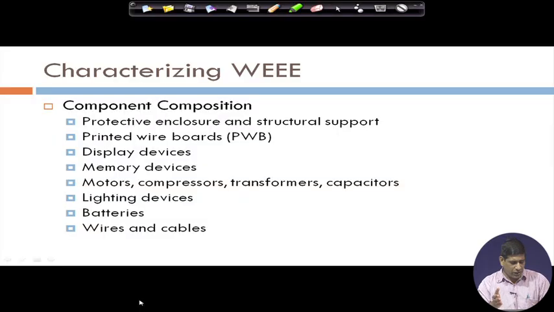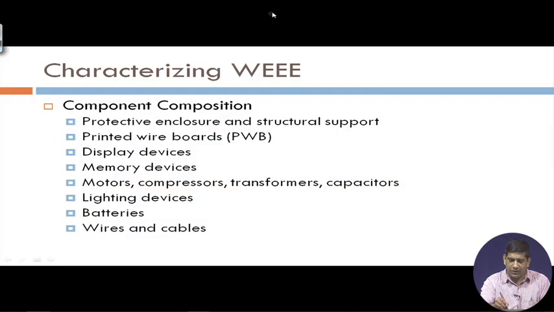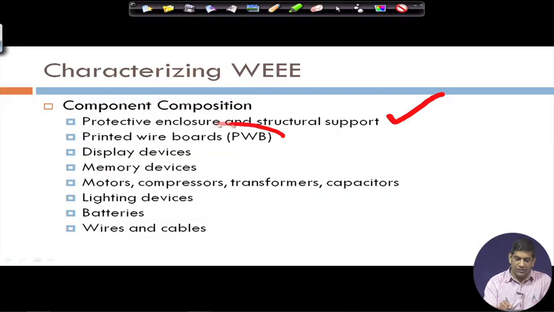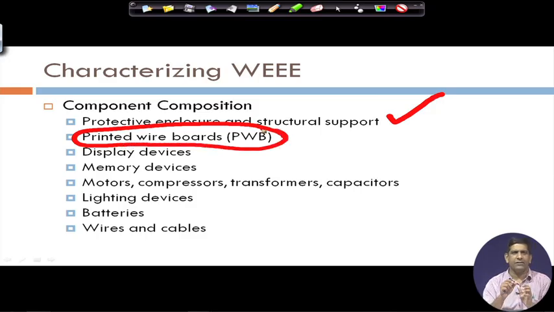If you think about any electronic equipment, there are some protective enclosures and a structural support. The protective enclosures you will have, and then some structural support, some plastics or metals and others, depending on what kind of equipment you are looking at. Then there is a printed wire board, which is the important stuff. It has all those chips and other things in there.